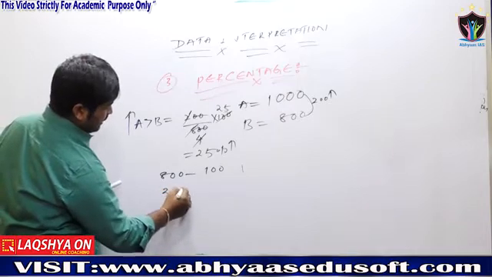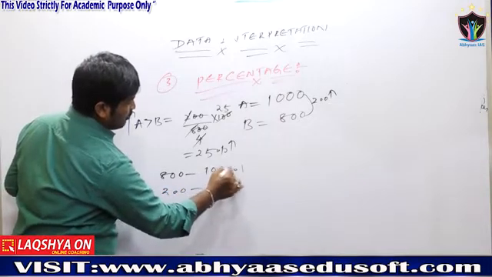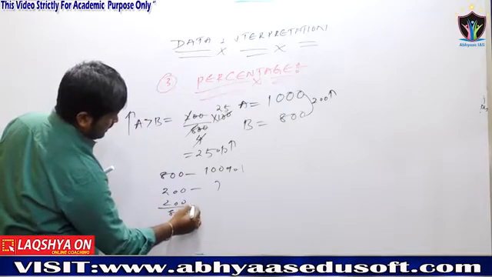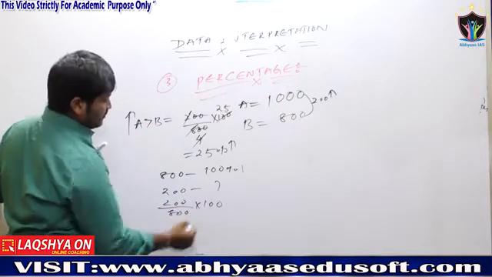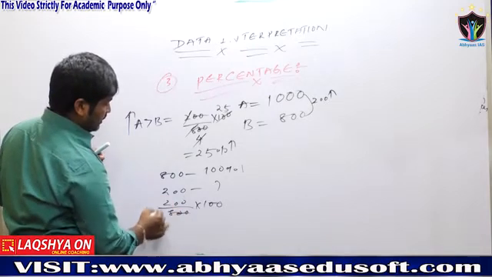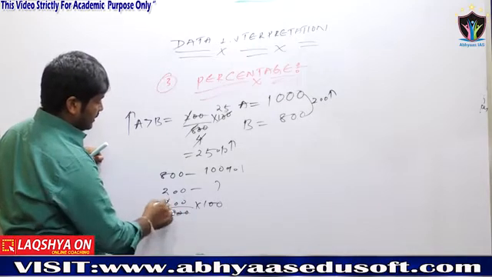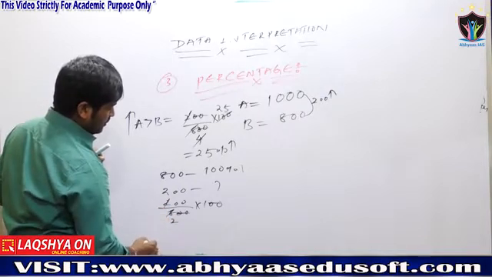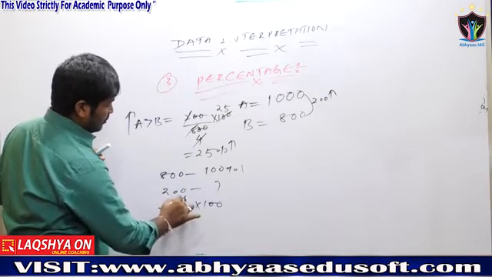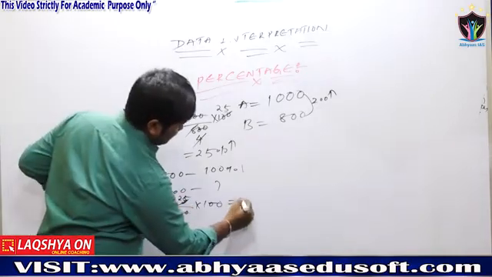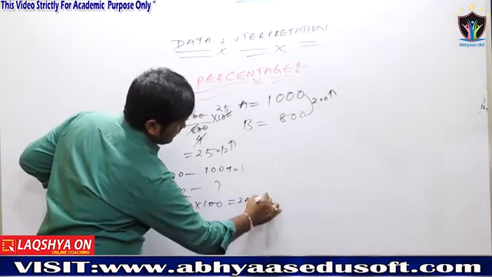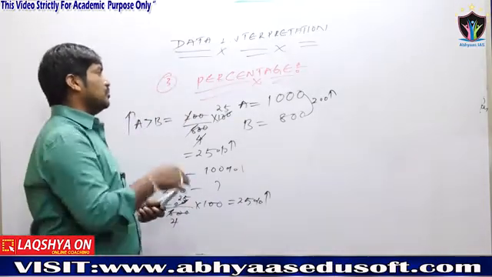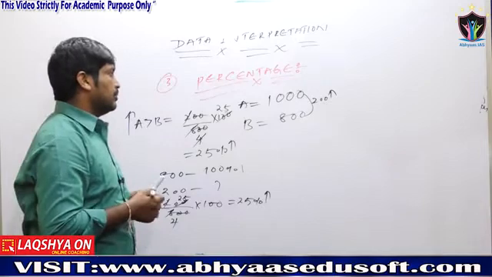In the same way, 200 equals what percentage? 200 by 800 into 100, two zeros cancel, and 2 ones are 2, 2 fours are 8, 4 twenty-fives are 100. Here we get 25%. So A is 25% more than B.